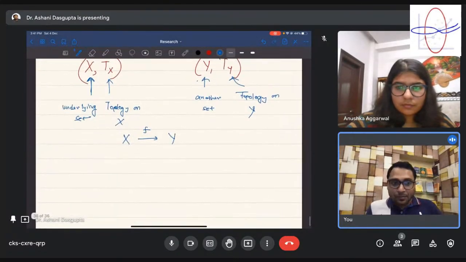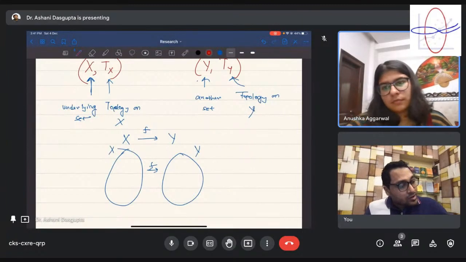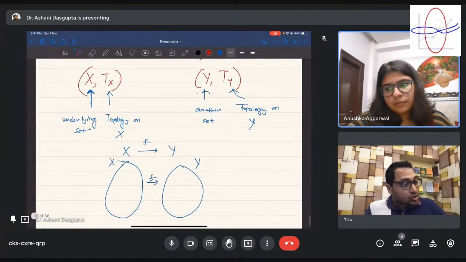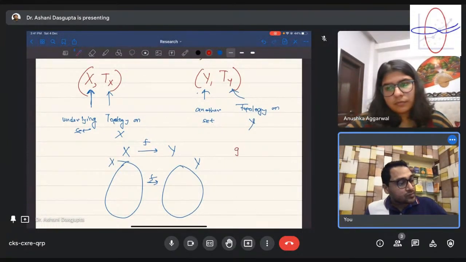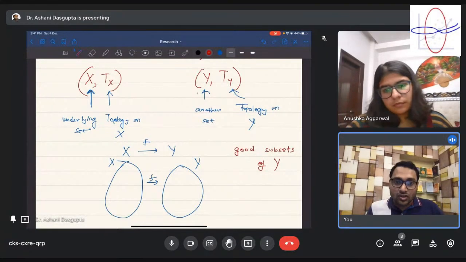Well, it's very simple. Suppose this is Y and this is X. We first look at good subsets of Y. Can you tell me, Anushka, what is the meaning of a good subset of Y?